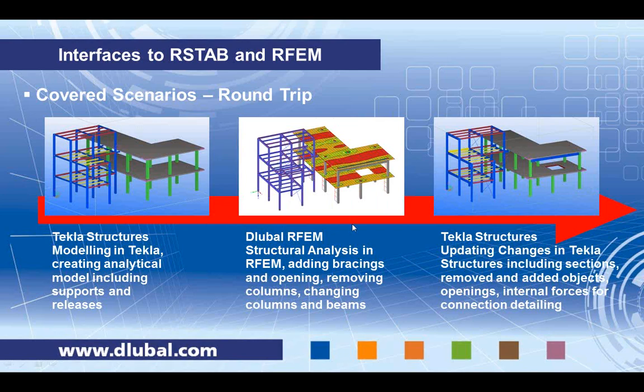So it's linearly displayed, but basically it's a circle. So this is one process. We can add, for example, in the interface during the work inside Dlubal, bracings, openings, we can remove or change columns, we can change cross sections, and we can do those updates.